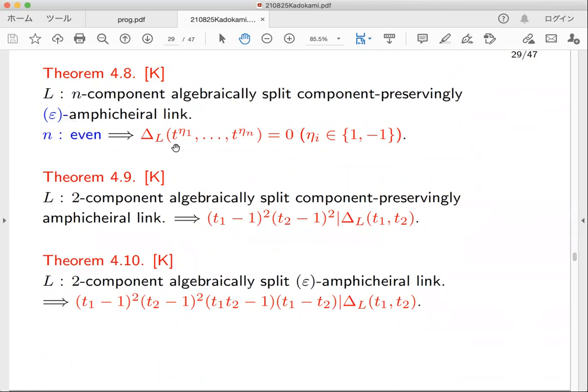Then we have the Alexander polynomial Δ_L(t_1^η1, ..., t_n^ηn) equal to 0, where η_i is 1 or minus 1.